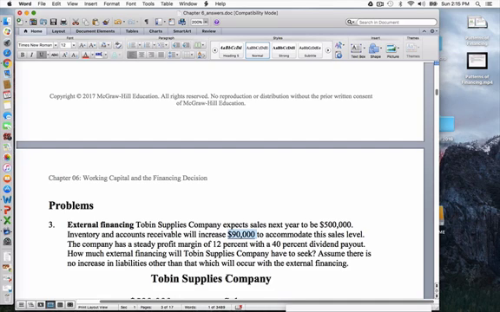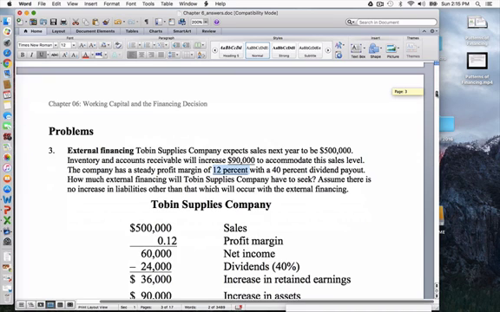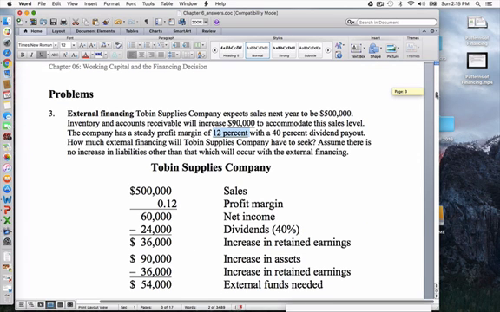Well, we don't, but we can calculate it because we have profit margin 12%, and we learned earlier in the semester that profit margin is calculated as net income divided by sales. So then we can invert that formula, and net income is going to be sales times profit margin.